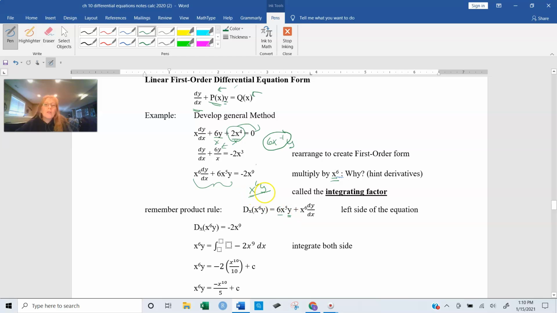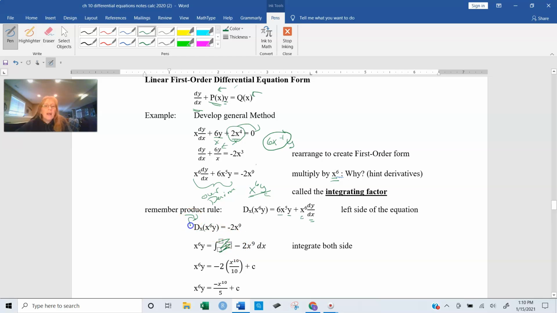The derivative of the first times the second, plus the first times the derivative of the second, the dy dx. This is our derivative of x to the 6th y. Kind of cool, right? And we'll show you how to calculate that. So that means this entire thing is the derivative of x to the 6th y, which is what we calculated, and that equals our q of x, negative 2x cubed.